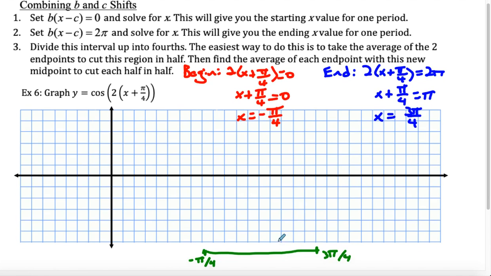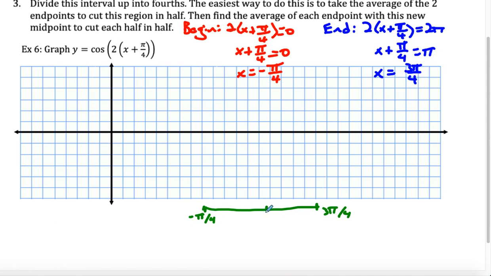Okay, so halfway in between there. Negative pi over 4 plus 3 pi over 4 would be 2 pi over 4. Divided by 2 would be 2 pi over 8, or just 1 pi over 4. Then halfway in between negative pi over 4 and pi over 4 will be 0. So the y-axis will actually be one of my key points.